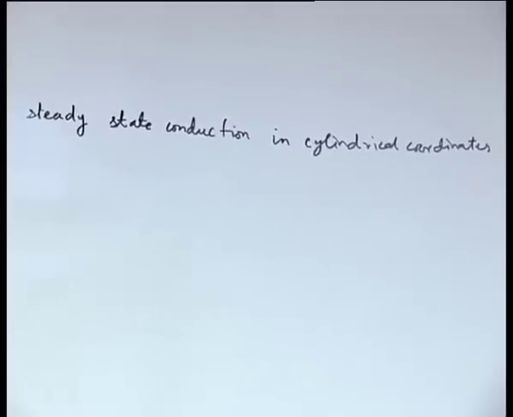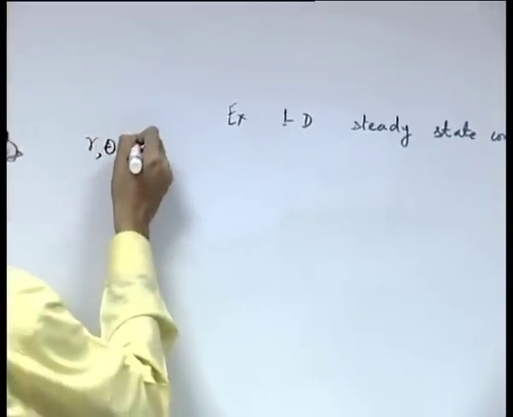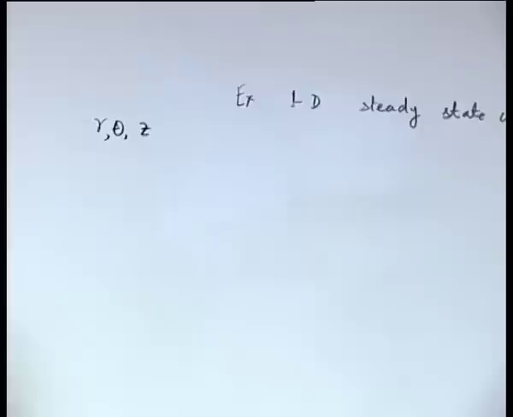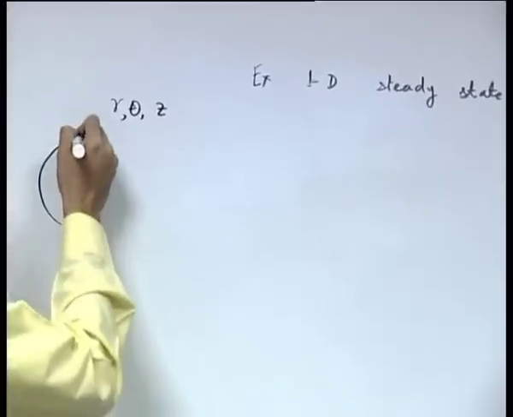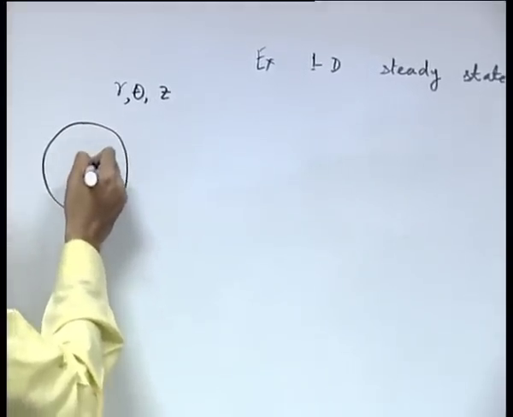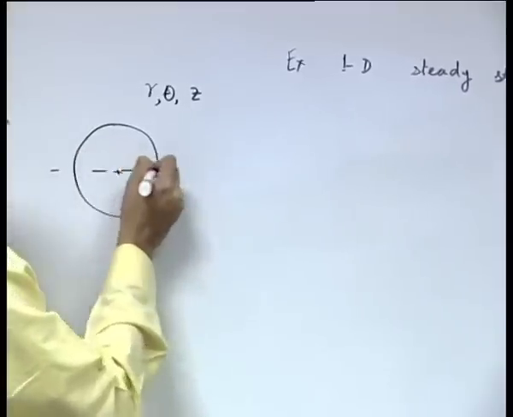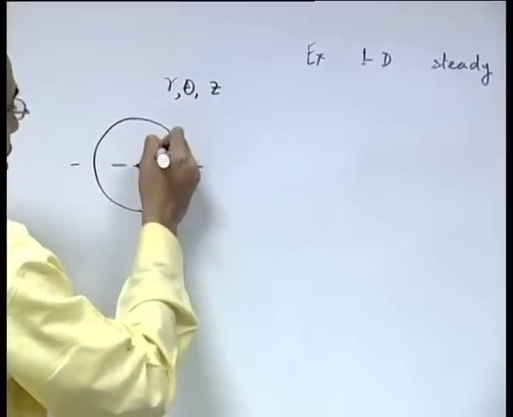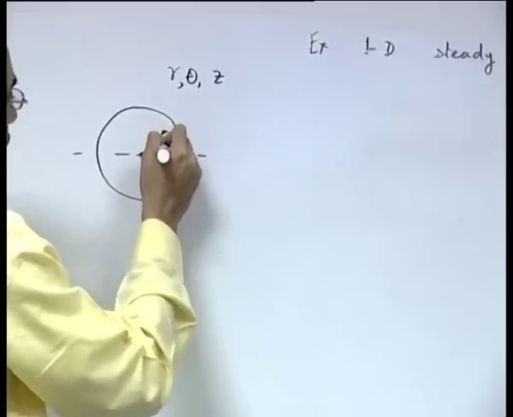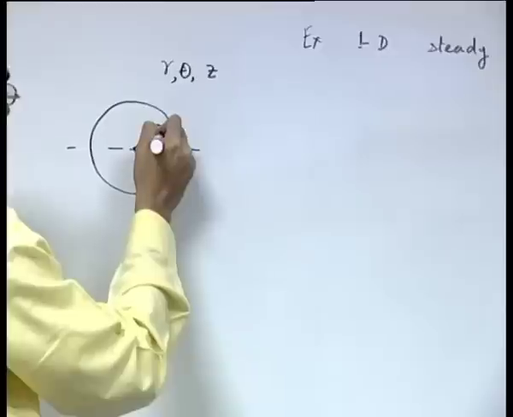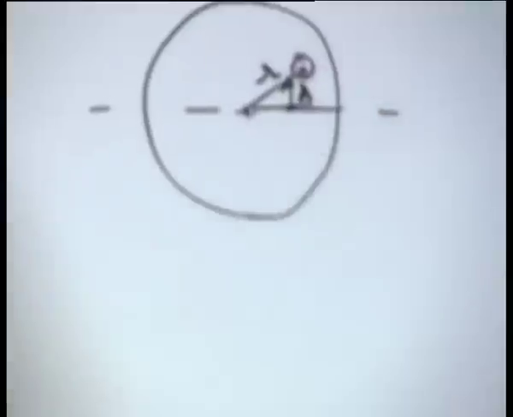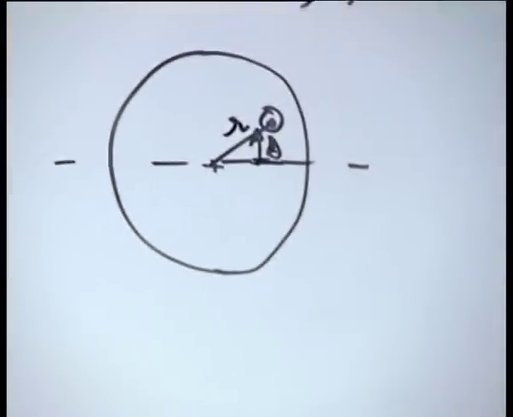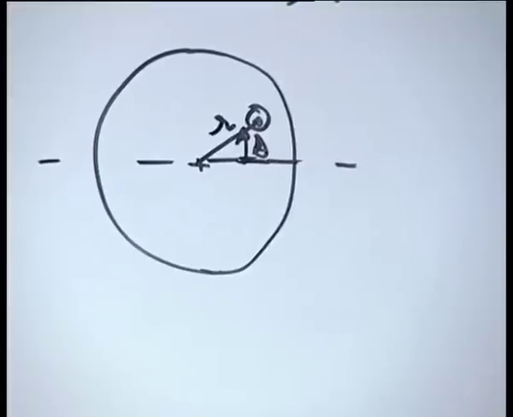So, in cylindrical polar coordinates you could have r, theta and z as the 3 coordinates. So, what are the r and theta coordinates? If you consider a reference line and you consider a point, the point can be represented by an angle theta and a radial distance r, which are basically the polar coordinates.